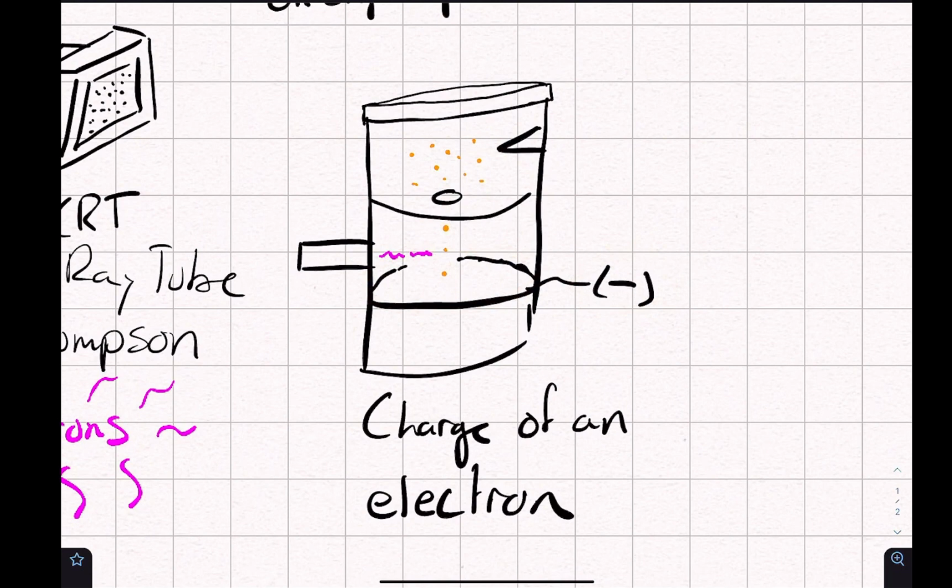And then he would use a cathode ray tube to shoot electrons through here and give these oil drops a charge. If you had applied a negative charge to this plate and he had a negative charge on his oil drops, he could adjust the charge on this plate to suspend the oil drops in the air over the plate. And then, through a series of math, calculate what the charge of an electron was.